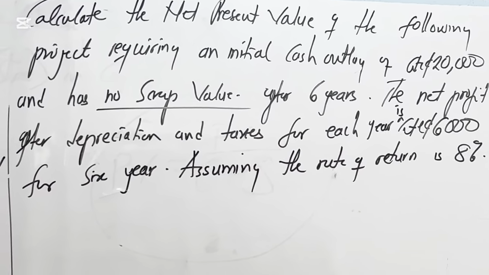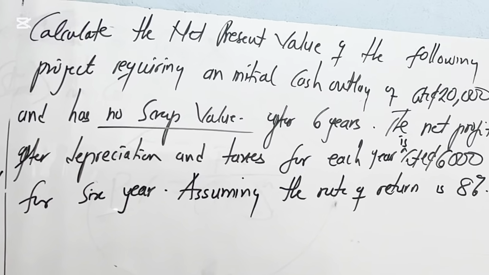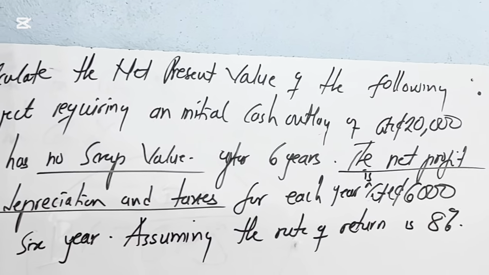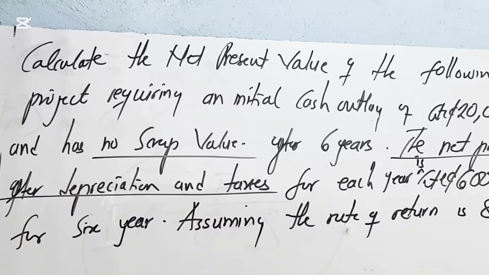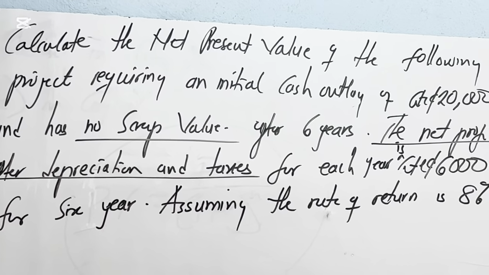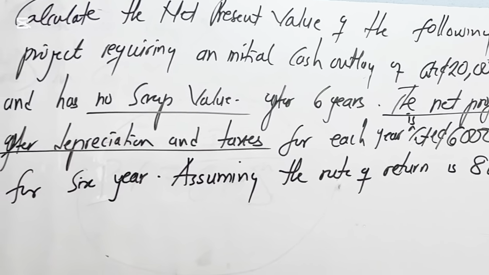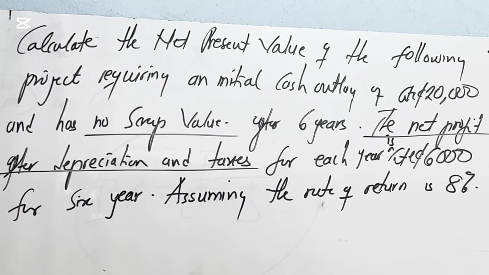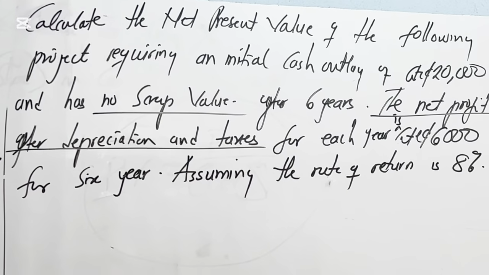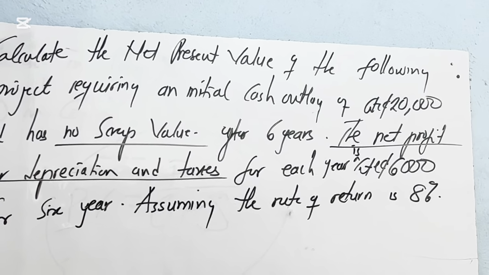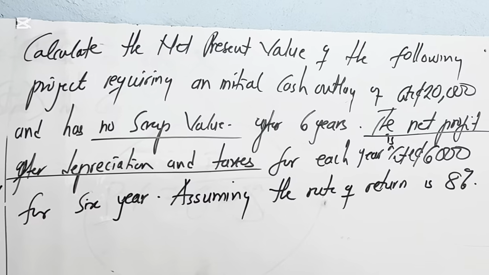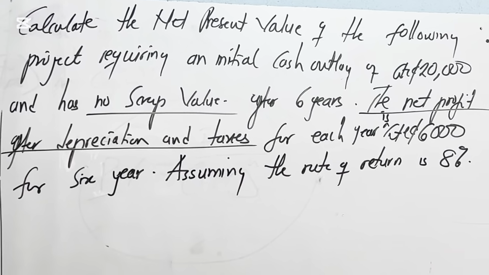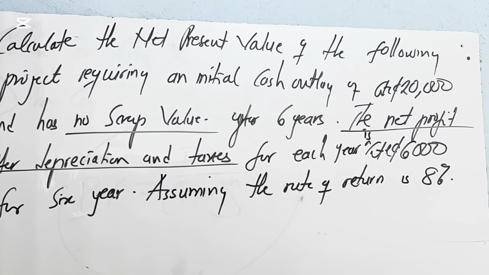After 6 years, the net profit after depreciation and tax: always make sure the profit given to you in a question is after depreciation and tax, not before. If you see before depreciation and tax, then you have to calculate the depreciation and subtract, calculate tax and subtract, then your final amount becomes your net profit after depreciation and tax. But here we already have it given in the question, so no need for calculation. It's 6,000 for 6 years, assuming the rate of return is 8%. That is the cost of capital.